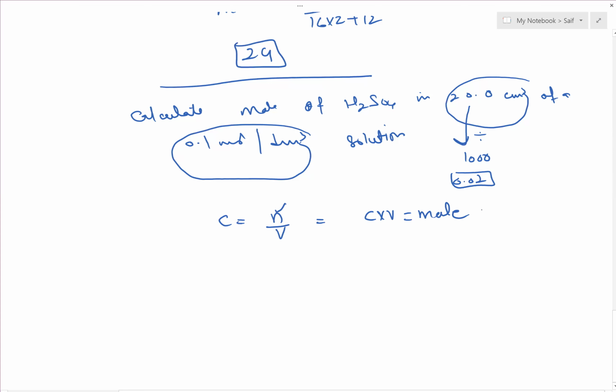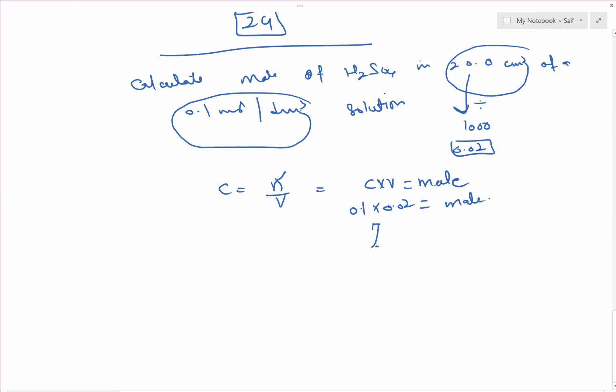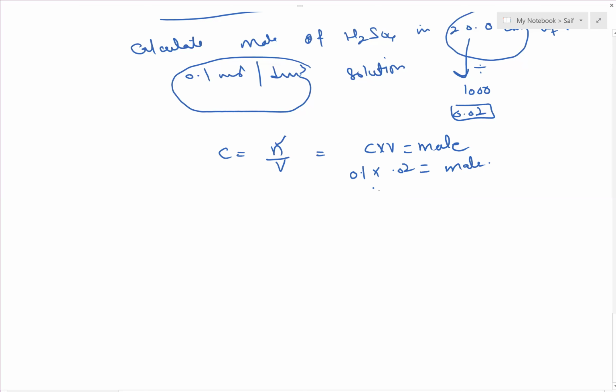So concentration we have as 0.1 multiplied by 0.02, which is going to give you the moles. 0.02 multiplied by 0.1 is going to be 2 times 10 to the power of negative 3. That means zeros will come on your left side. Fine. This is your moles. These all things we know already. We are just revising it.